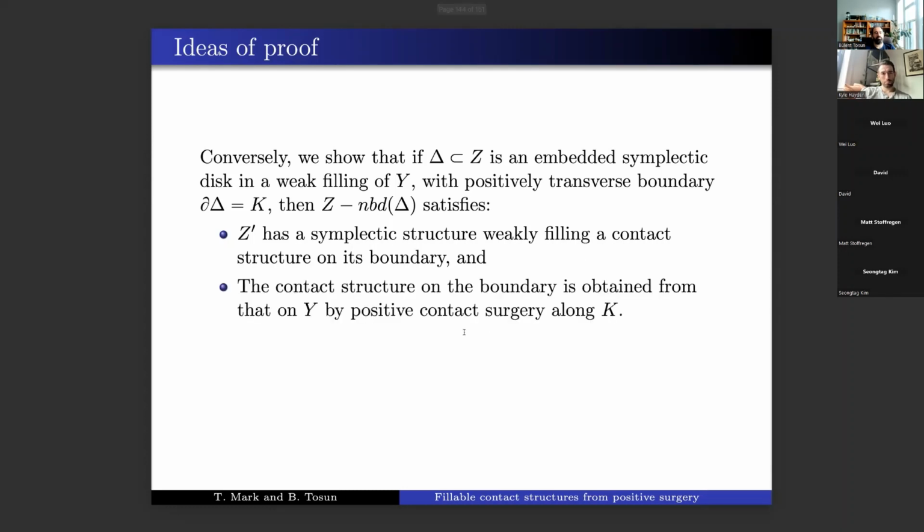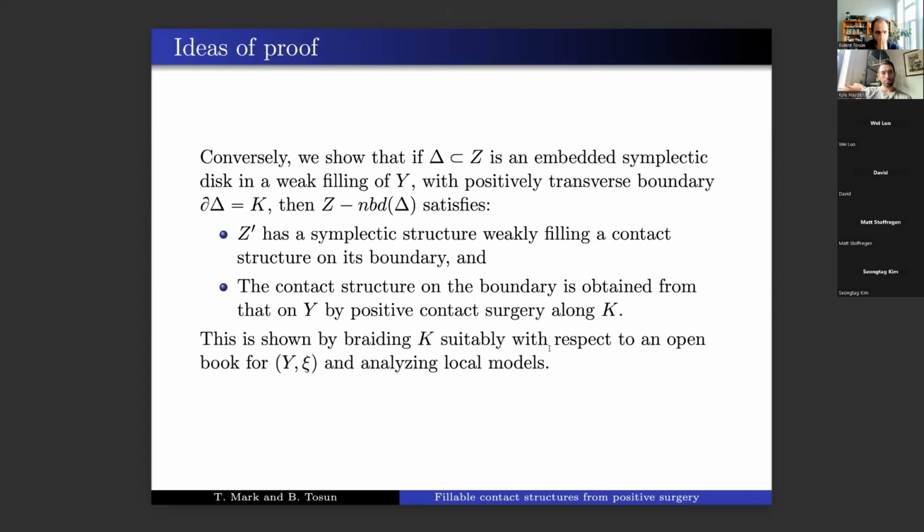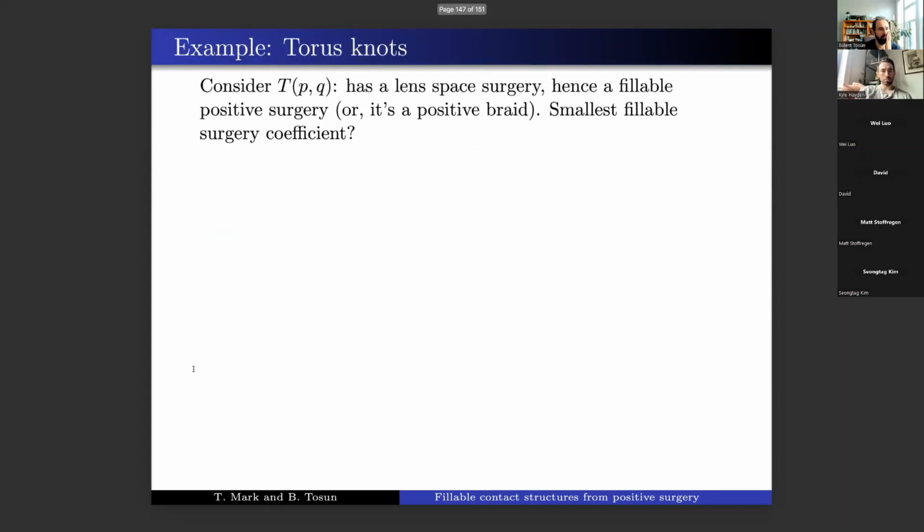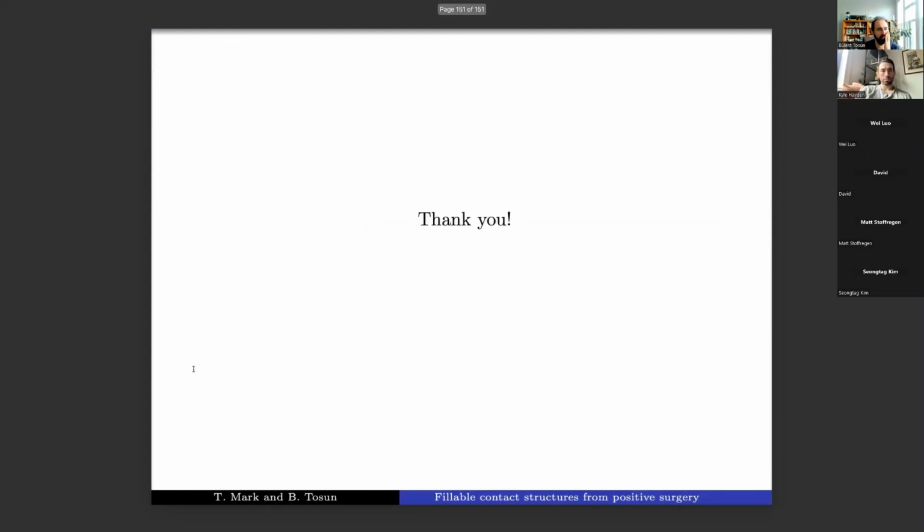And in fact, that contact structure is obtained by positive contact surgery along the knot. So that's an analysis of local models and lots of patching things together. In particular, you end up braiding your knot in some way with respect to an open book, and just doing some geometry, I guess. So that's that, and I'm going to stop there.